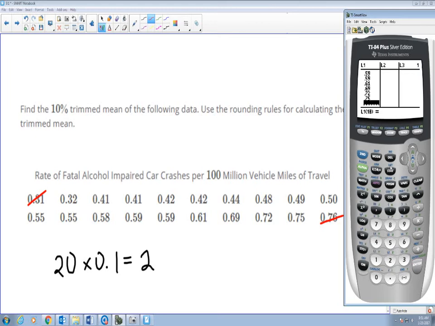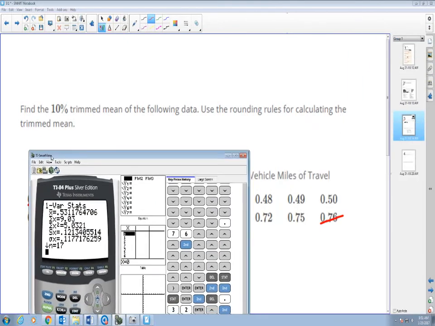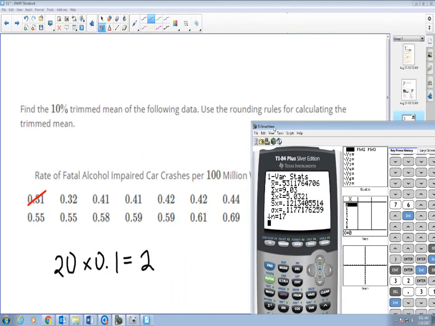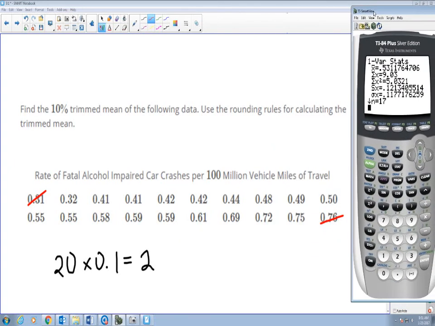Alright, so my mean is 0.531. Okay, now when they talk about using the rounding rule, the rounding rule goes like this. When they say use a rounding rule, that means if the data has 2 decimal places, you automatically round to the 3rd decimal place on your answer.